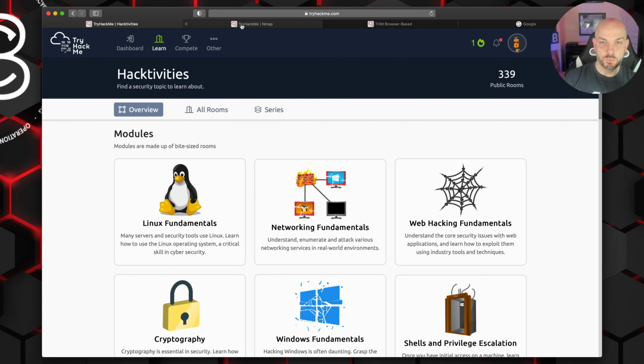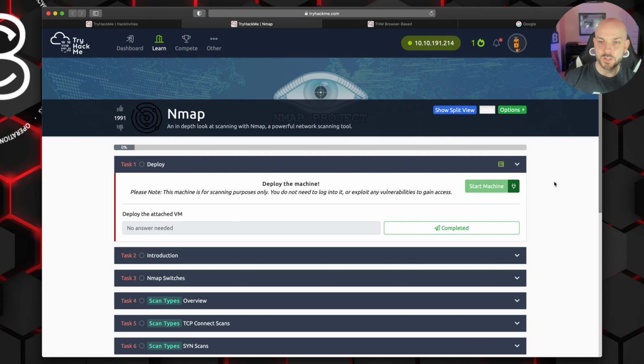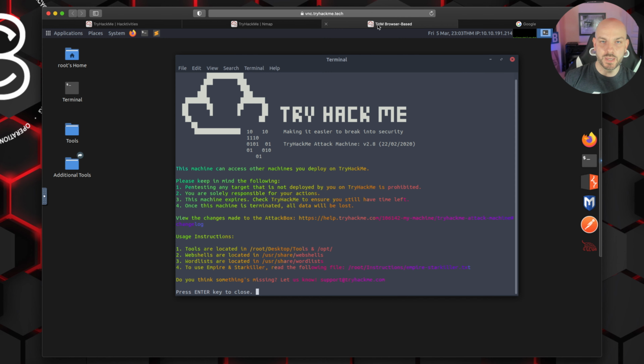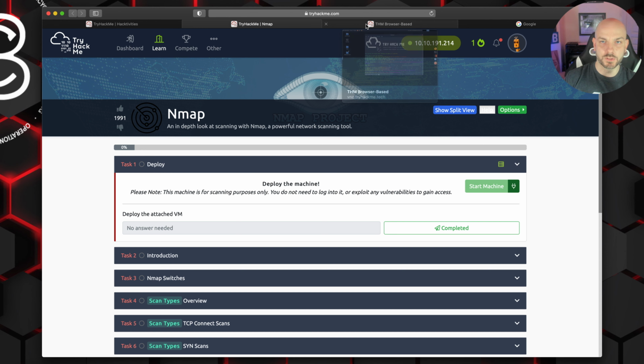When you go to do this, you have a few different machines that you need to spin up. I already did that ahead of time because it takes about 5 minutes for them to spin up. You just hit start machine and that does it. It would normally be in a split view, but I thought that might look bad for folks watching, so I put that into a different browser so we can hop back and forth.